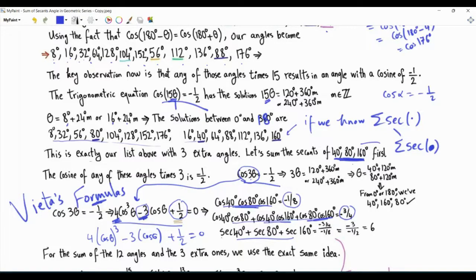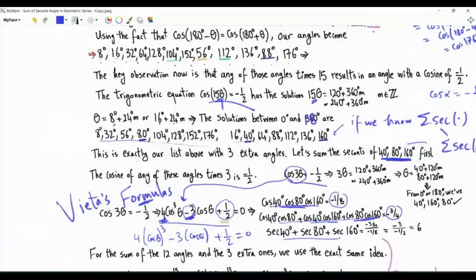Okay, so let's recap this because this is the idea that we will also use to obtain the sum of the secants of those 15 angles. Again, the idea is we have 3 angles, 40 degrees, 80 degrees, and 160 degrees. What is common between them is that if we take any of those angles and we multiply by 3, then we get an angle whose cosine is minus 1 over 2.